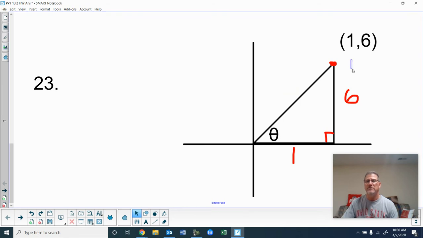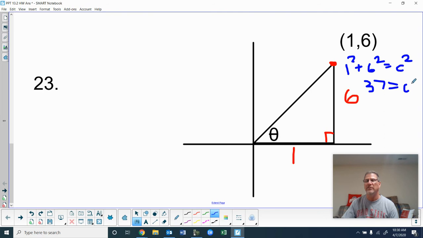So it's just going to be a squared, the 1 squared, plus the other leg, b squared, which is 6 squared, equals c squared, which is my hypotenuse. All right, well, 1 squared is 1 and 6 squared is 36. So 1 plus 36 is 37 equals c squared, remember.